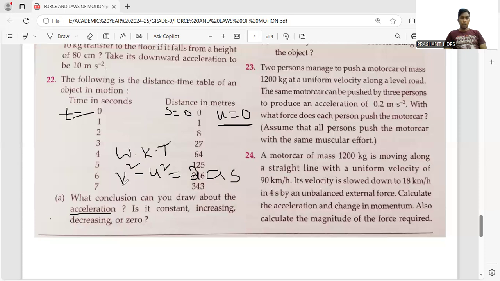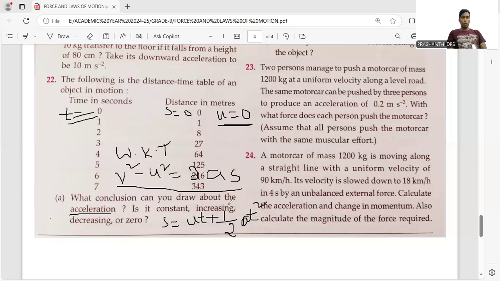But if you observe this formula, we do not have time in it. So we take the formula s is equal to ut plus half at square. I'm writing all the formulas so we get an idea which formula to take. s is equal to ut plus half at square.